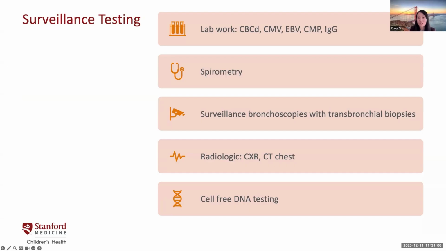They get a lot of imaging done, and we are also starting to do in all of our patients more non-invasive monitoring with cell-free DNA testing, which is a blood work that assesses for donor-derived cell-free DNA, which can be a non-invasive way to assess for inflammation and ultimately hint at rejection before needing to undergo that surveillance transbronchial biopsy.